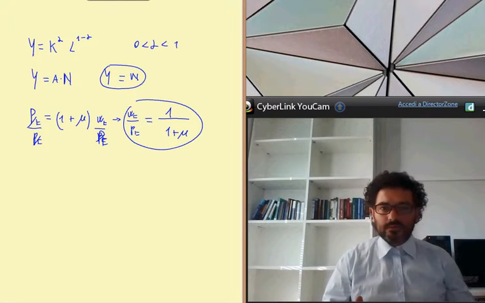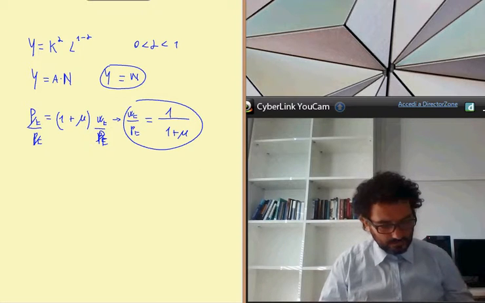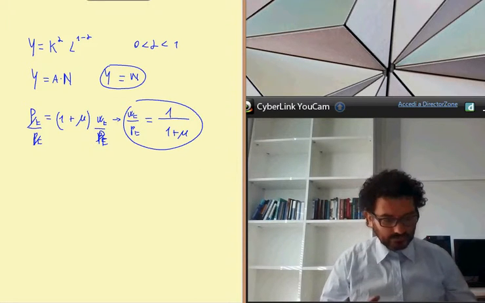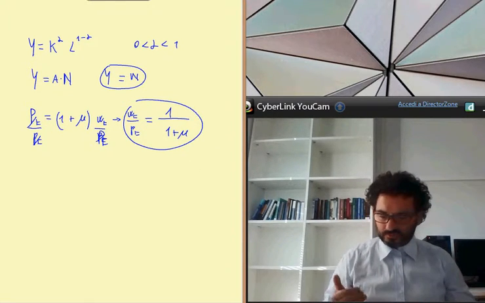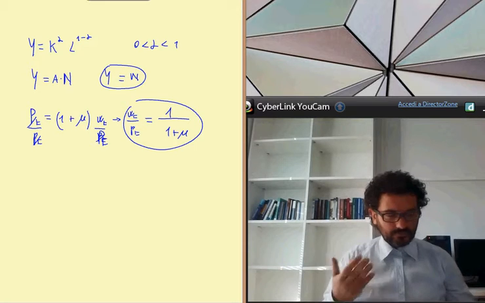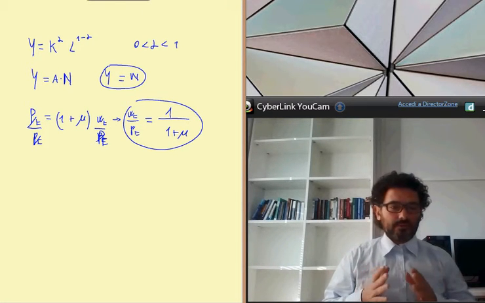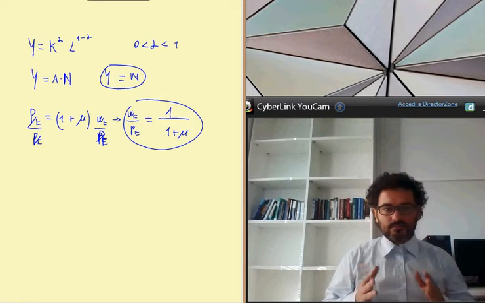This is the real wage that firms want to pay in order to obtain the markup mu, for instance 20%. So we are assuming that markets are not in perfect competition, and each firm applies a markup to determine prices.